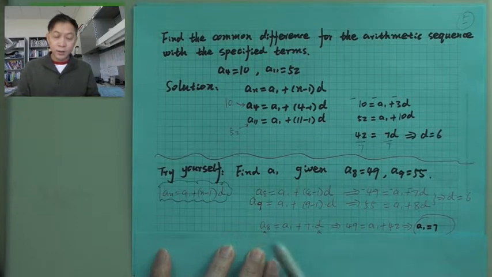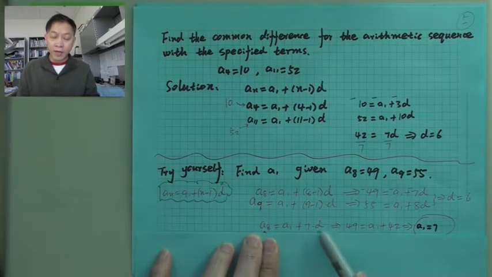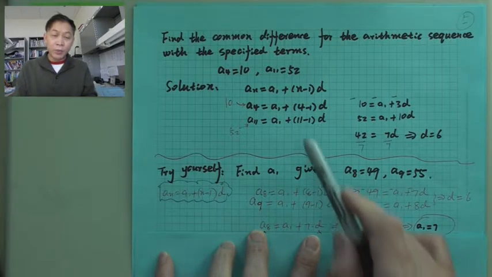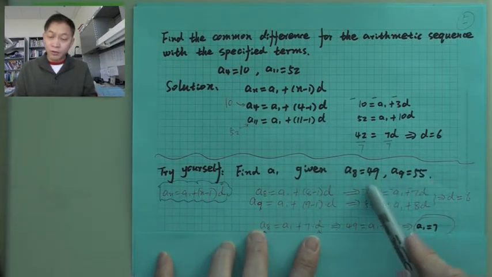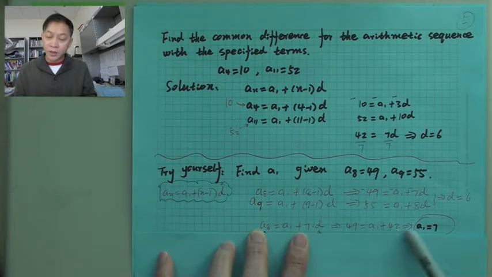If we find D, then it will be easier. Look at A8, which equals A1 plus 7D. A8 we know is 49, and D we know is 6, so 7 times 6 is 42.